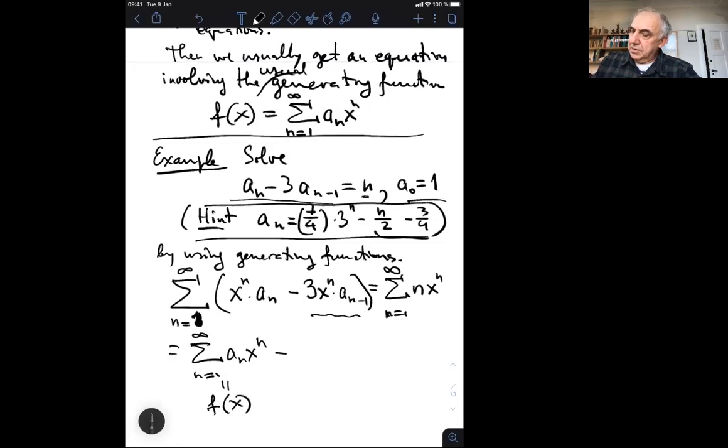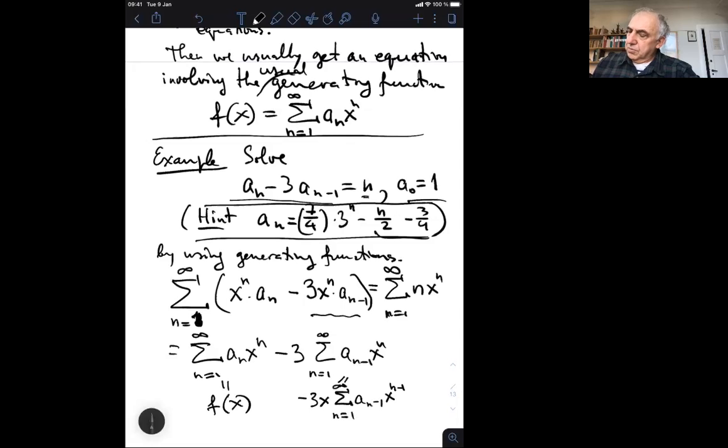The other sum would be minus 3 times the sum of a_{n-1} x^n, from 1 to infinity. Let me factor out x. So this is minus 3x times the sum from 1 to infinity of a_{n-1} x^{n-1}.